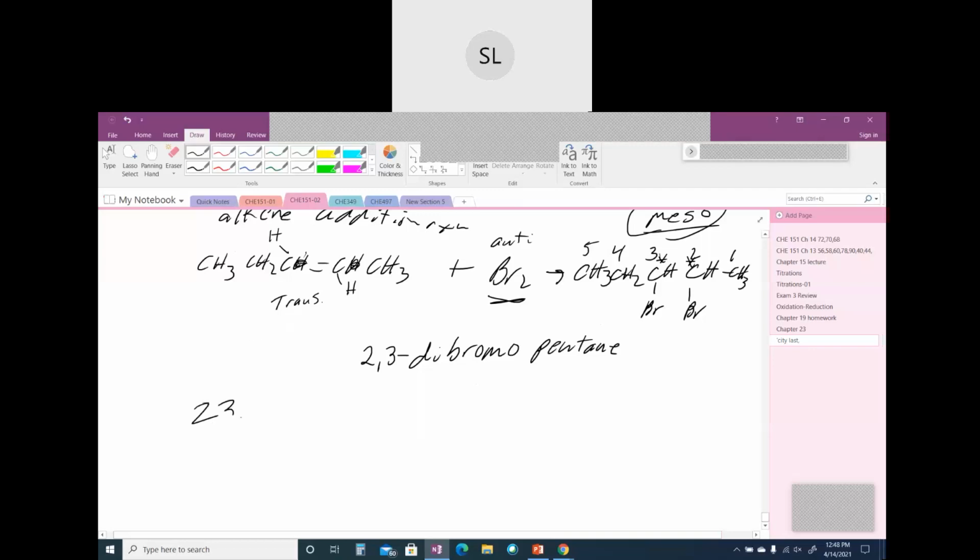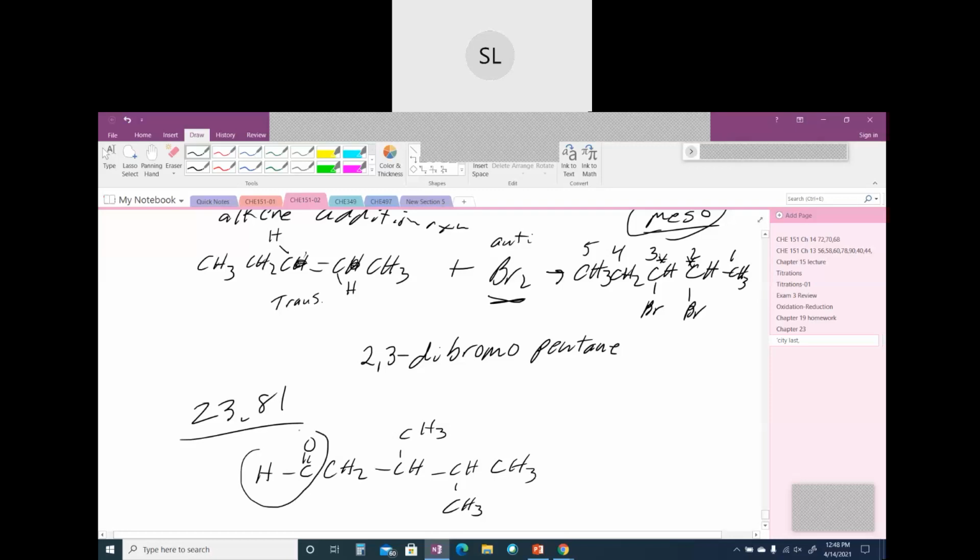All right, 23.81. Give the IUPAC name for each of the following. All right, and so you will circle the functional group. You will give the class of compound, aldehyde.